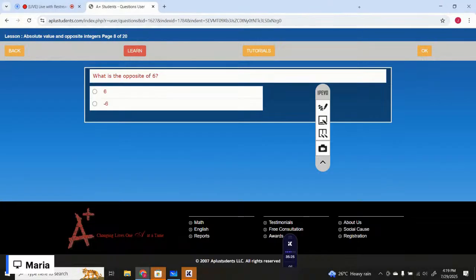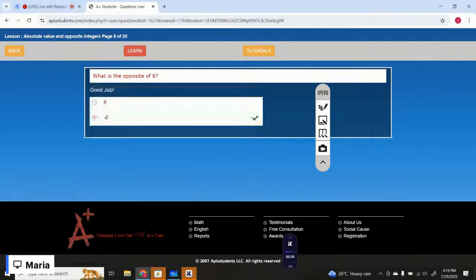What is the opposite of 6? Opposite of 6 is negative 6. Option number 2 is the correct option.